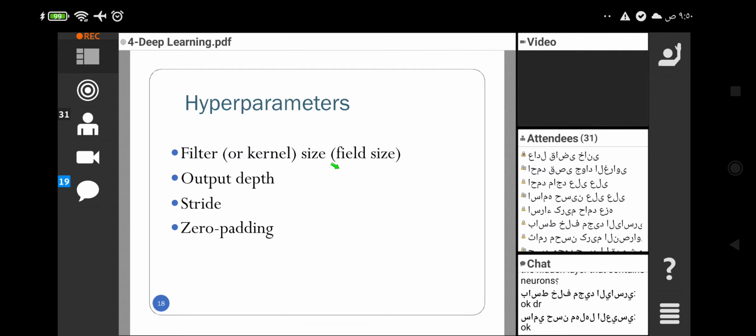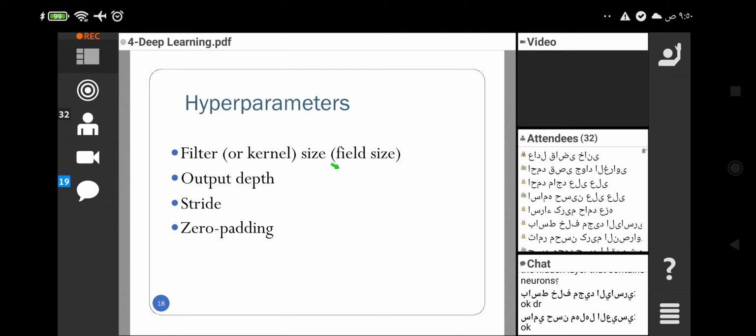In the CNN, we have some hyperparameters. What do we mean by hyperparameters? Hyperparameters are other parameters that are important in the CNN. The main parameter of the convolution layer is the numbers inside the kernels, or filters.